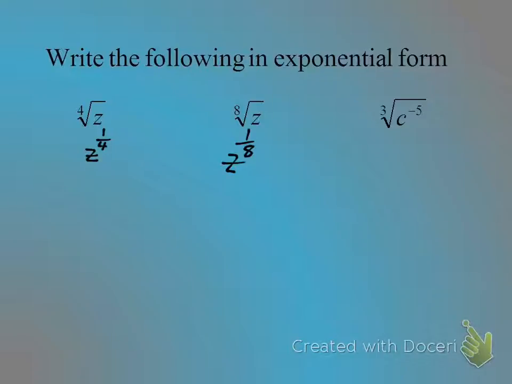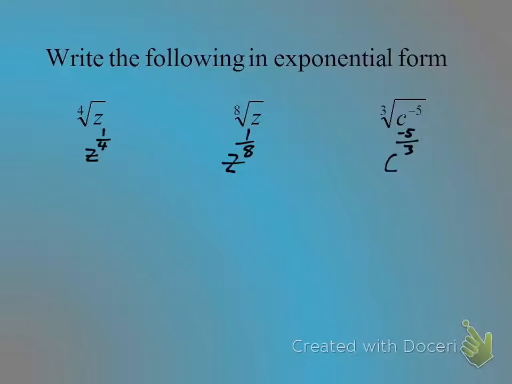Nice and easy. Now remember, your denominator comes from your index. Any powers on the radicand go to your numerator. So the last one there is going to be c, with a denominator of 3 and a numerator of -5. Your denominator stays with your index.